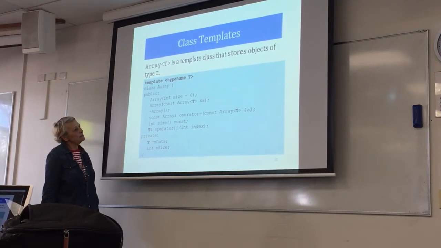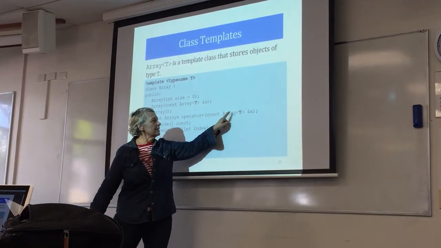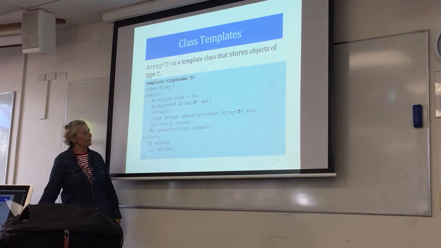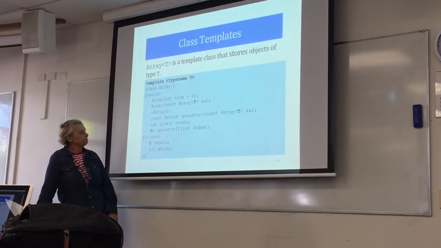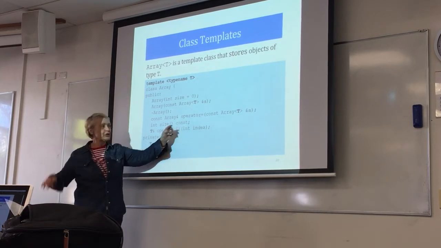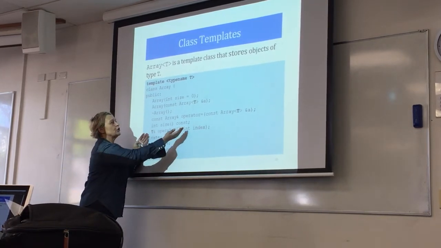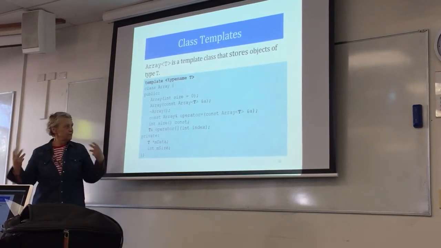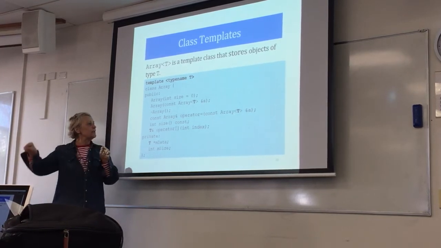And then the assignment operator again gets a constant reference to an object of Array<T> type. This is unchanged. This, because we are referring to the object in the array, it used to be int because we have integer elements in the array.